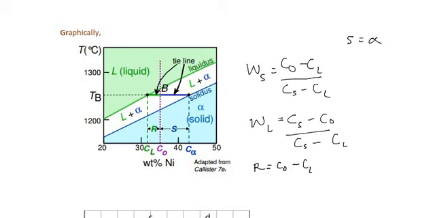And that is what we use to calculate ws, that's for the other one, right? And for the distance between our co and our point that touches the solidus line, that's supposed to be this distance S. It's calculated by c alpha or cs minus co.